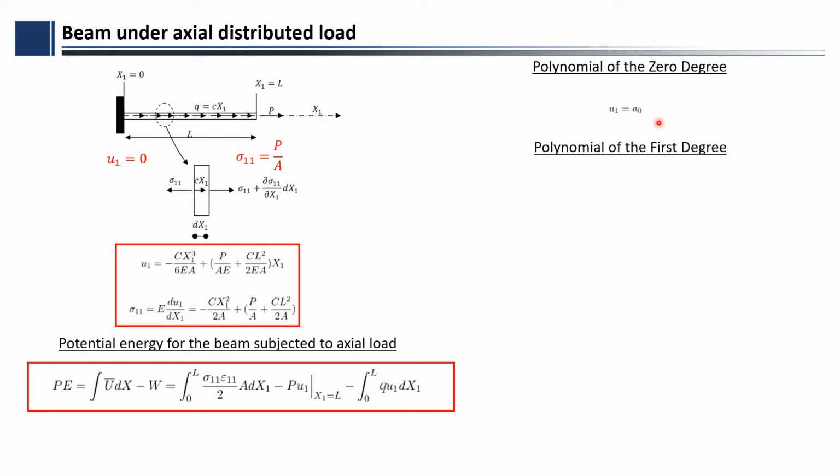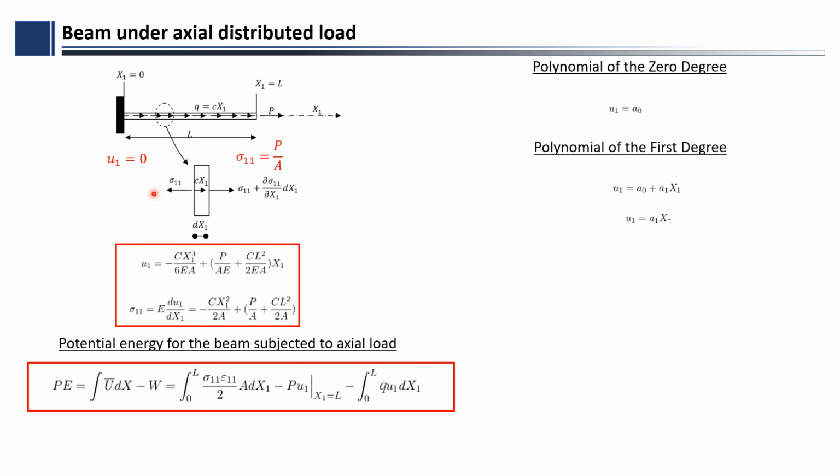Let's increase the degree of polynomial function. Let's use the first degree of polynomial function. And then we apply the boundary conditions. We can simplify the displacement function. Next step, we need to find the potential energy for this beam.